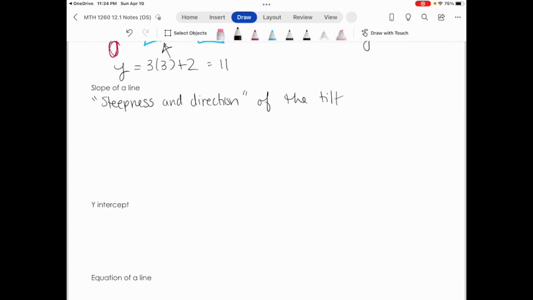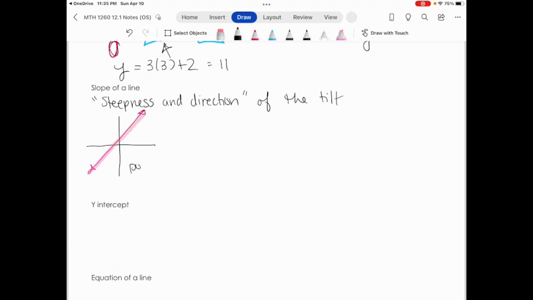Now, there's 4 different possibilities you can run into with a line. You could have a line that looks like this. So when I read that line and I trace it going left to right, it goes up.